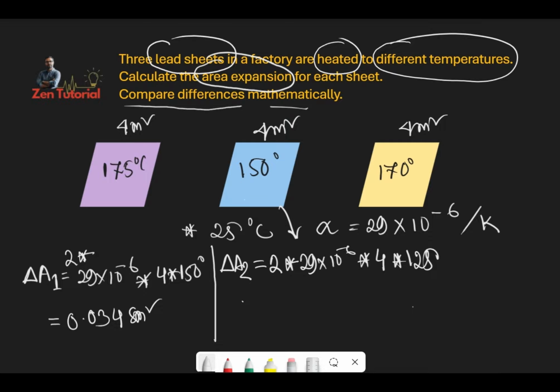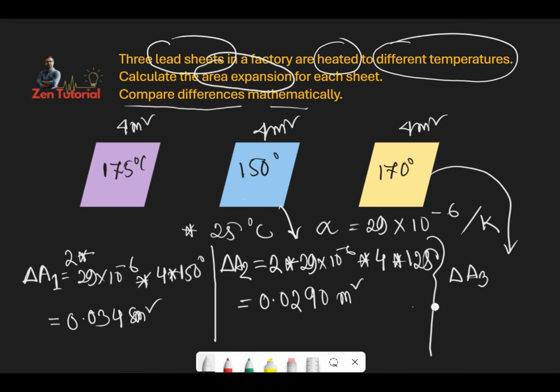So the value will be 0.0290 meters square. Now it's time for this sheet, del A3.